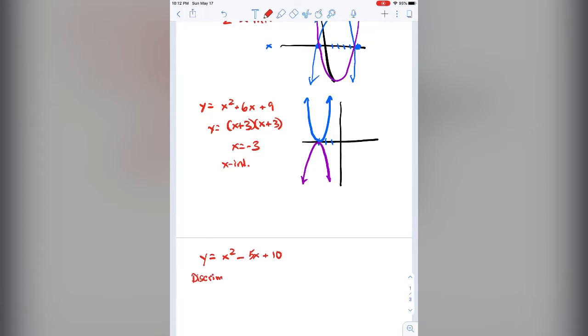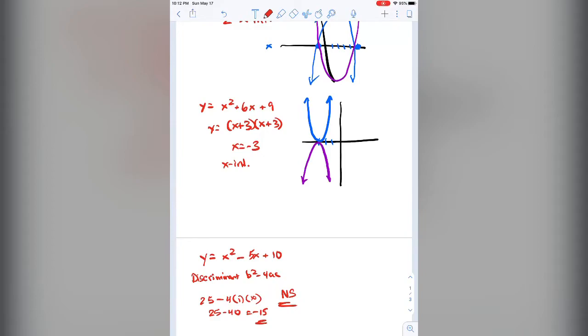So remember, our discriminant is b squared minus 4ac. And so we go b squared, which is what, 25, minus 4 times a, which is 1. In this case, c is 10. So 25 minus 40. Oh, look, we get -15 for our discriminant. So that means no solution.